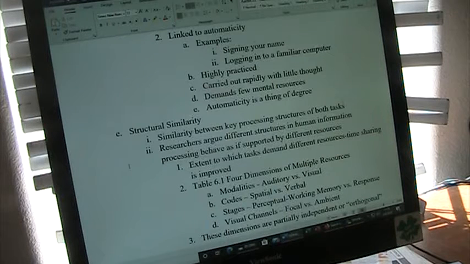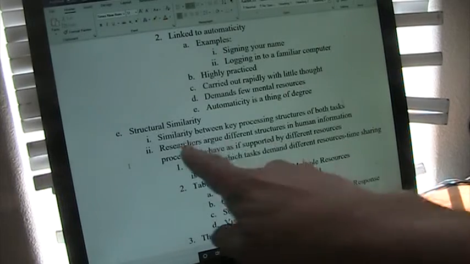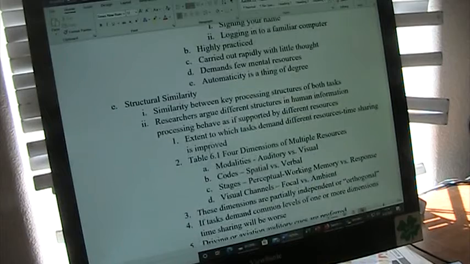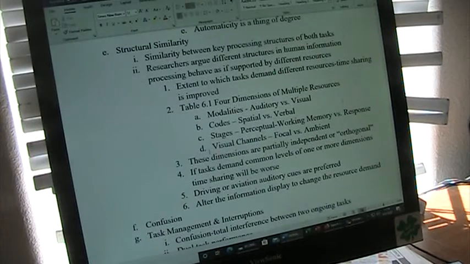I've gone through and completed the outline, and now I'll go through and talk about it. All right, so starting here at structural similarity. Structural similarity means that the structure of the tasks is similar.